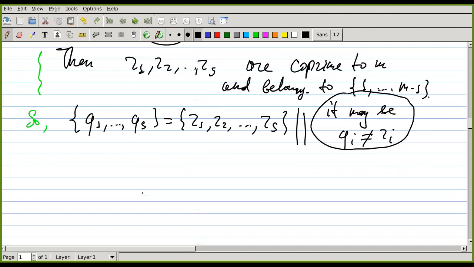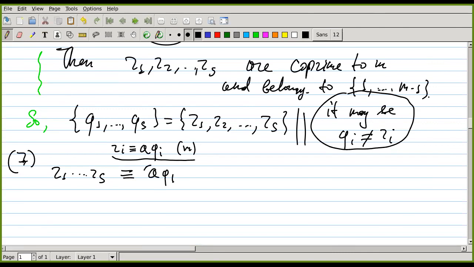The last step is easy and straightforward. Let's consider the product of all these R's. You know, every number is congruent to its remainder. So Ri is congruent to AQI modulo M. Is it clear? Yes. So this product is congruent to this one.